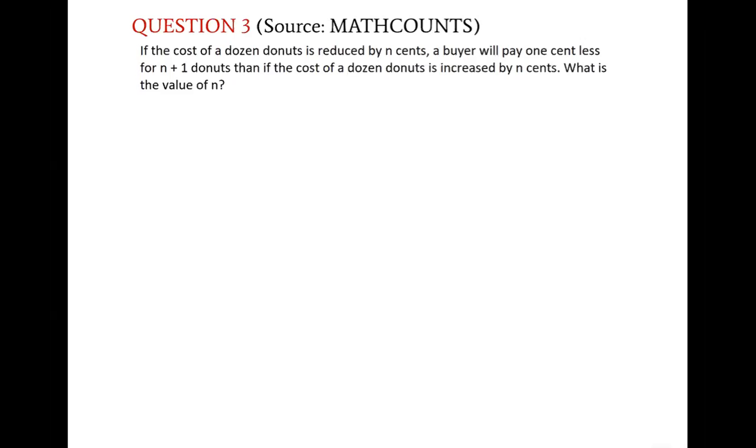So first of all, let's let C be the cost of a dozen, and that means the cost of one donut is C over 12.